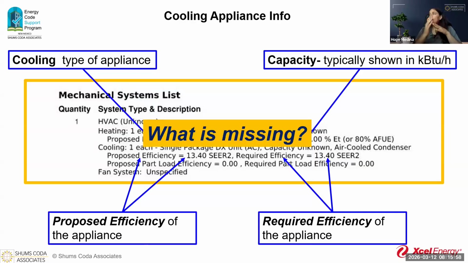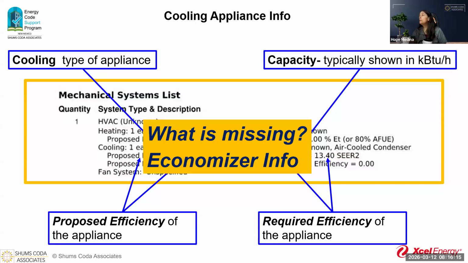Now, the one thing that I will say is missing in this particular report, and honestly, I've had to call this out on numerous occasions, is the economizer information. We should see the economizer information shown over on the right-hand side.